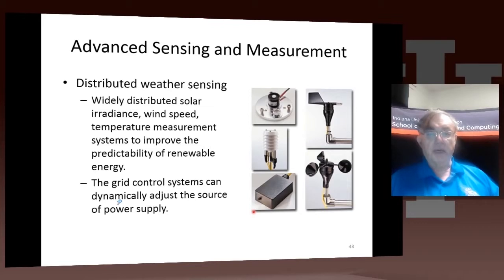Here's an example of weather. We know, of course, a lot of the problems with power come from bad weather, and you not only want to predict bad weather, you also want to know when your solar energy and wind energy will be effective.